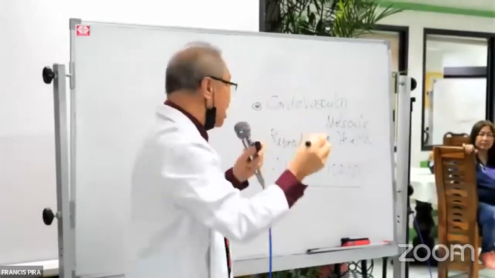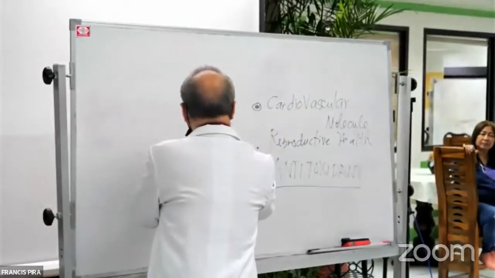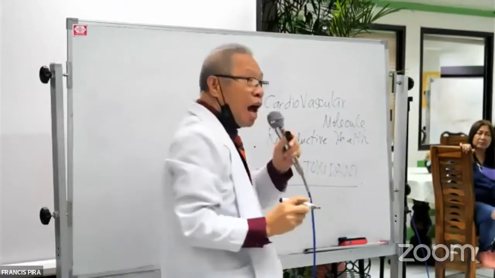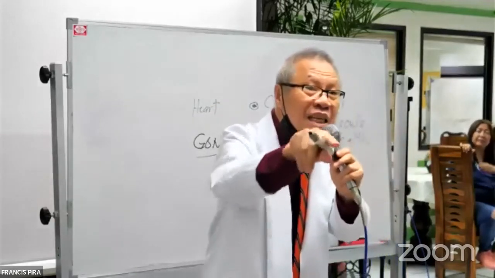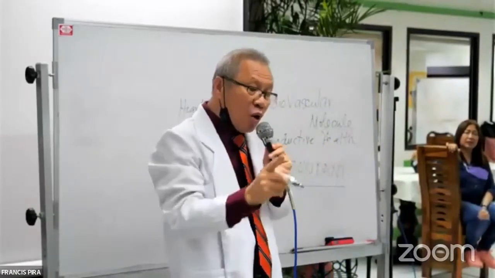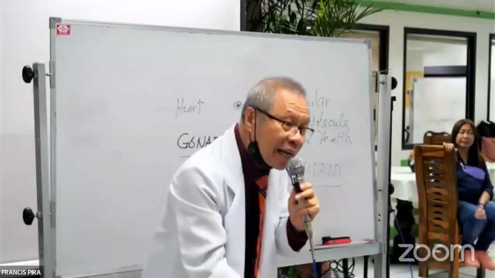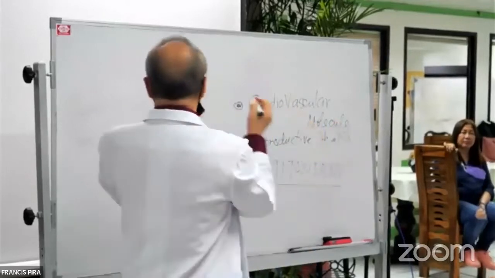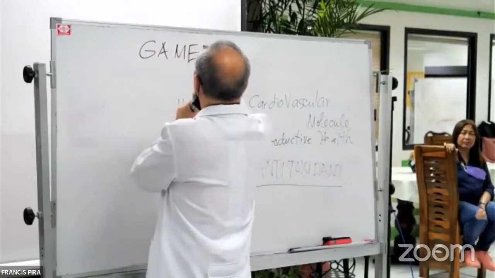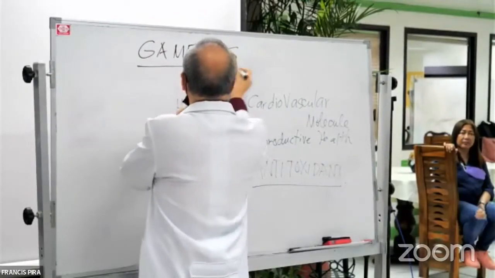Alam niyo na. Pero ang term is gonad. Hindi niyo ba alam na yung mga ovary ninyo at saka yung testis, ang tawag niyan, the name of that is gonad. So an ovary is a gonad. A testis is a gonad. Inside the ovary is an egg. Inside the testis is a sperm cell. And the egg and the sperm in general are called gametes.